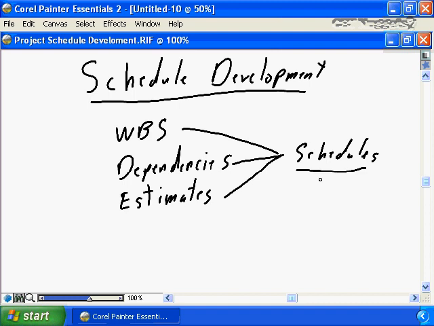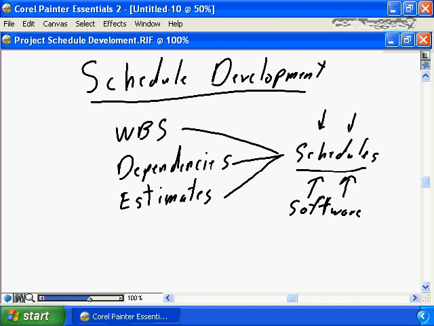You do this using software. Using a product like Microsoft Project, which we'll be demoing later in this series, you will take the information, plug it into your software, and the software itself will develop the schedule.